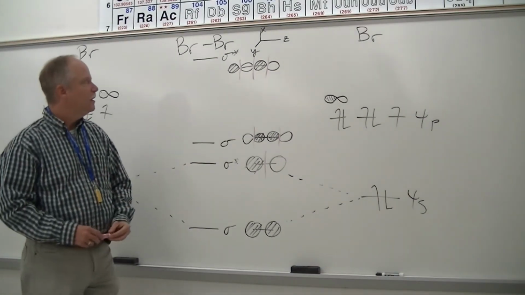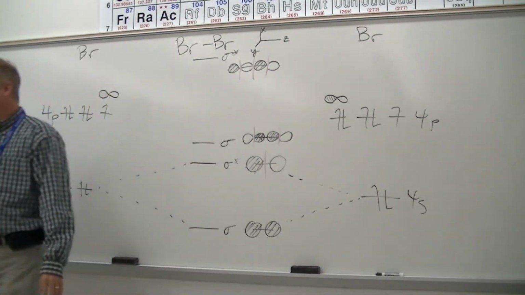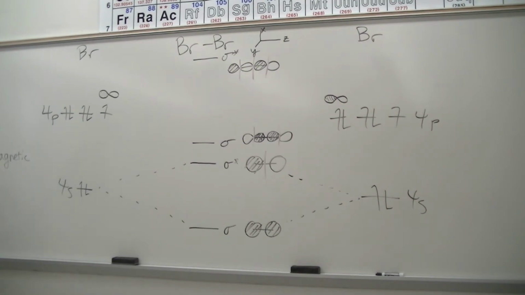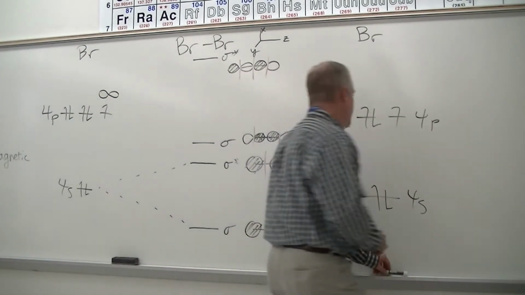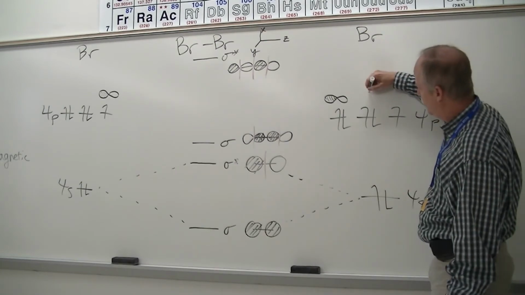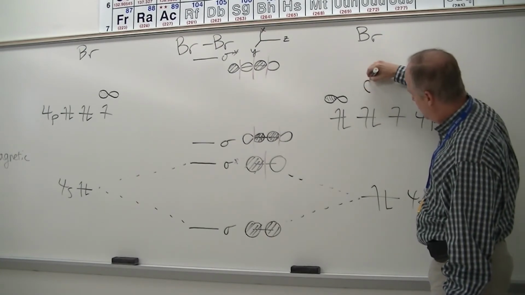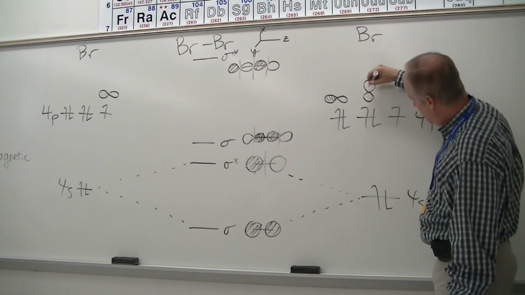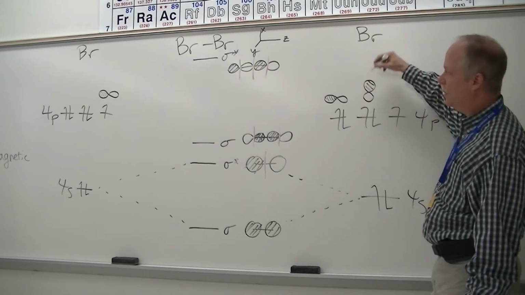Now we get to mix the p orbitals that are side-on interactions, the px and the py. It's a little bit more difficult to draw, but let's start with the px because that's still in the plane of the board. So that's the one that goes up and down.